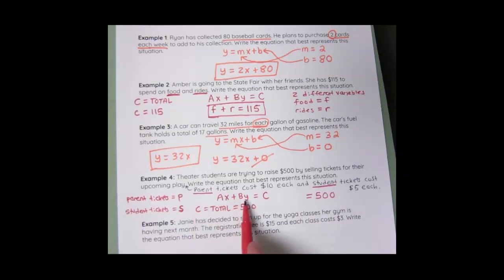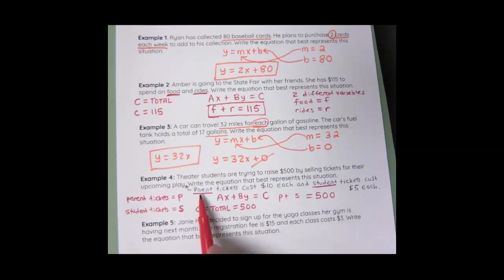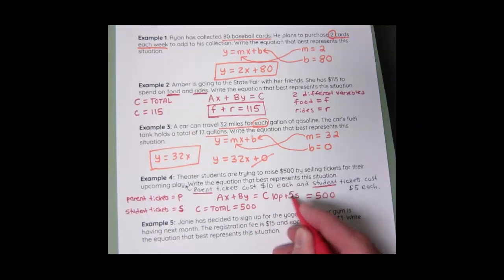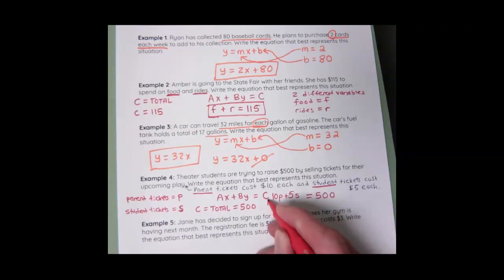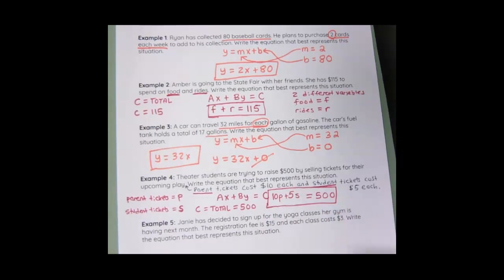Instead of using X and Y, I could call it P and S. But now, instead of just nothing in front of P and S, we actually see that parent tickets cost $10 each. So we need to put 10P plus 5S. So we would have 10P plus 5S equals $500. Again, the most important thing here is that we have two variables. We have parent tickets and student tickets. So it would be 10P plus 5S equals $500.